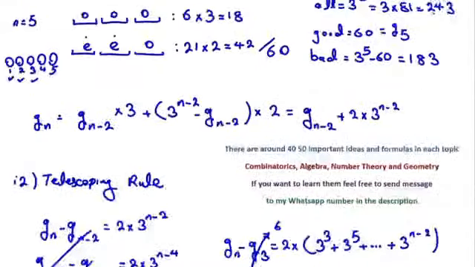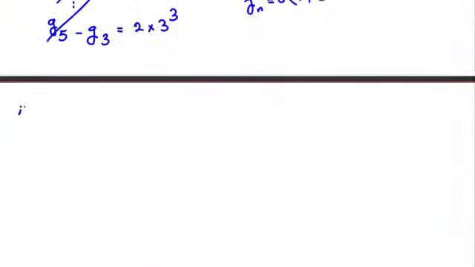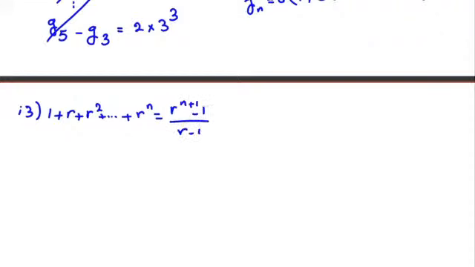Again, before AMC 10A 2023, I released a video and I said important identities. One of them was this, 1 plus r plus r squared up to r to the n equals (r to the n plus 1 minus 1) over (r minus 1). Some of them were useful in 10A 2023, this one useful in this exam. I want to use this identity here.